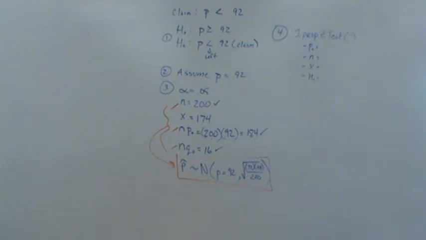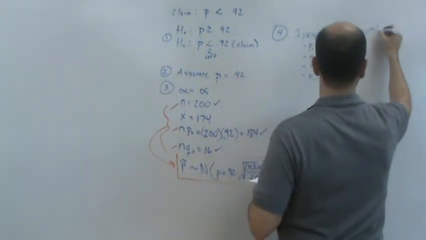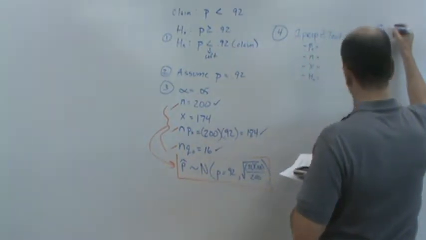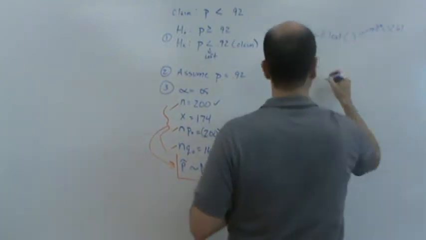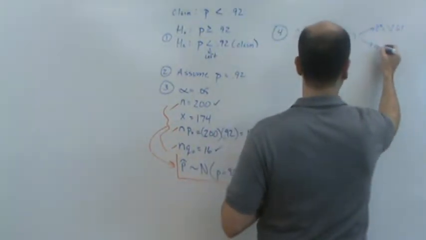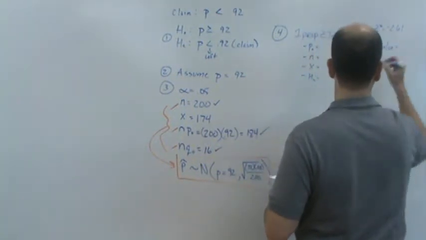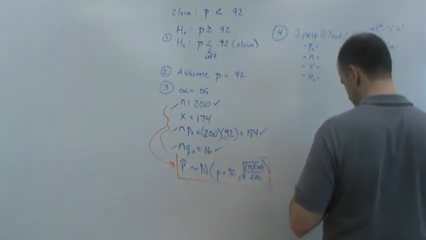So I'm going to choose the less than. And now our test statistic Z star is negative 2.61, and our p-value for this test statistic is 0.0046.